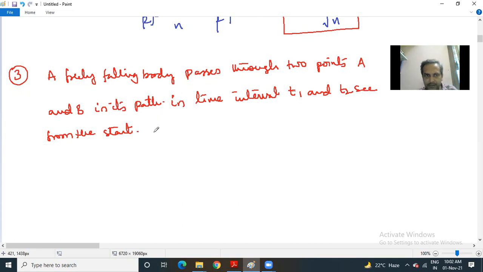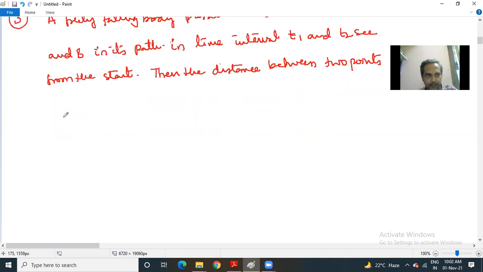Then the distance between the two points, so we are going to find out this one. Just try to understand the sentence with the help of a diagram. The freely falling body is moving, and finally touches the ground.